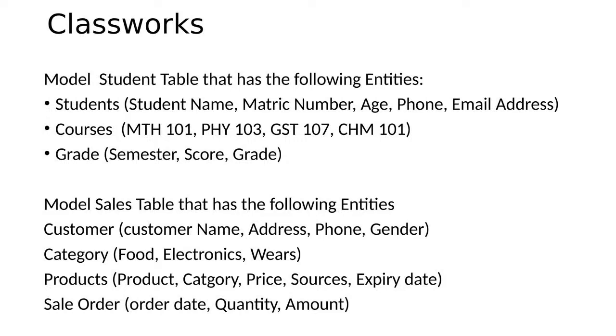Now, that is the heading you will use anytime you want to design a table or anytime you want to design a database. I've already told us that there's nothing called database. Database is just a collection of tables. So if you say you are designing database, what you are actually designing is table. That database is the umbrella name that covers all your tables.